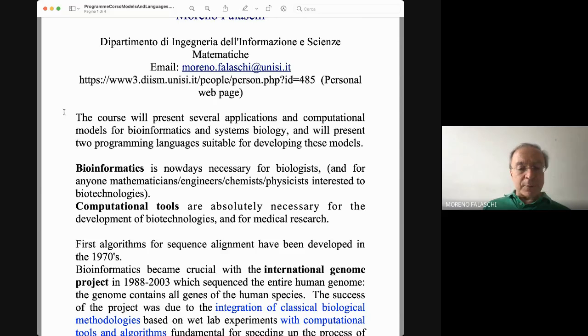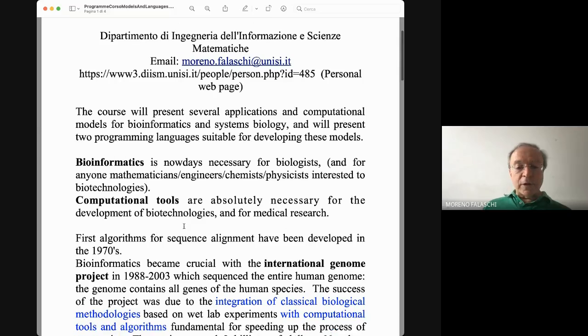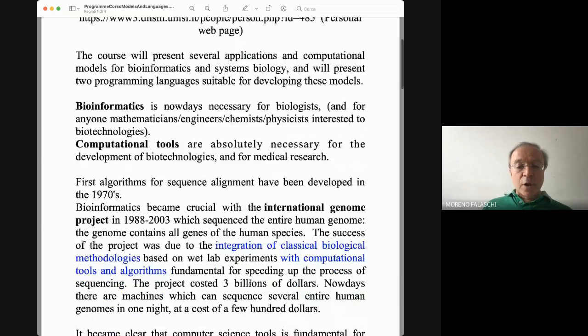So the success of the project was due to the integration of classical biological methodologies, which are usually based on wet lab experiments, expensive experiments, with computational tools and algorithms which have been fundamental for speeding up the process of sequencing.